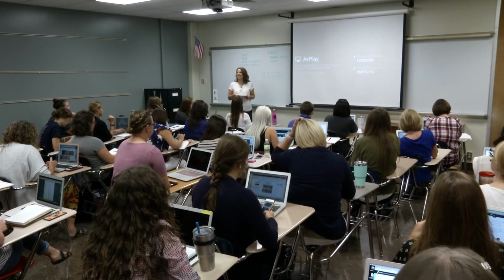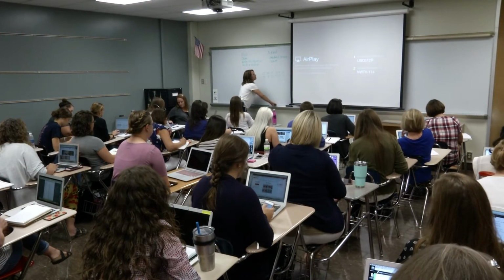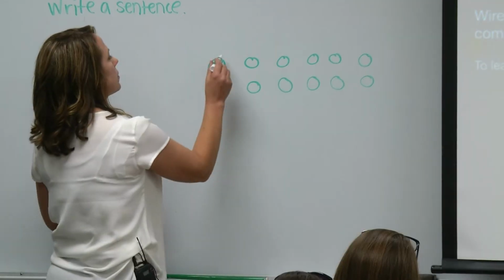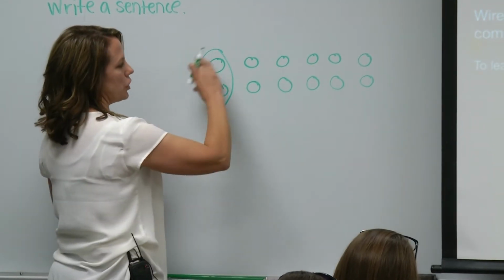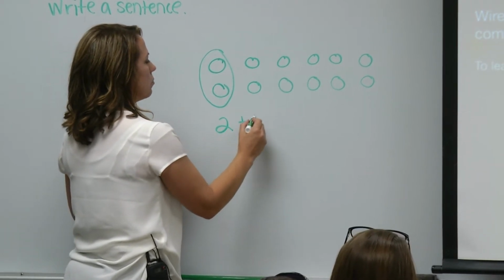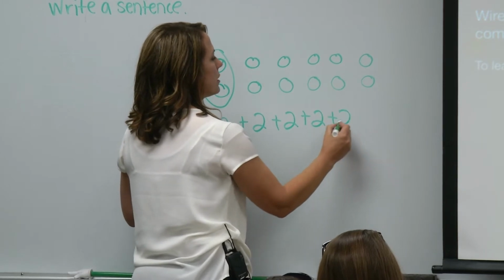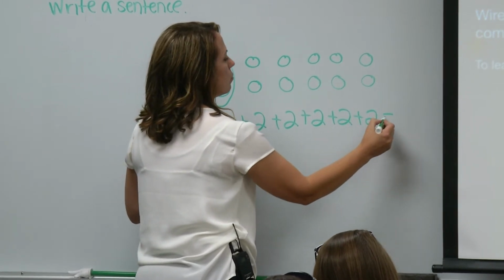Let's write that as an addition sentence, or repeated addition, to represent our groups. So I'm going to circle the one to show you that's my group. So I have 2 plus 2 plus 2 plus 2 plus 2 plus 2.